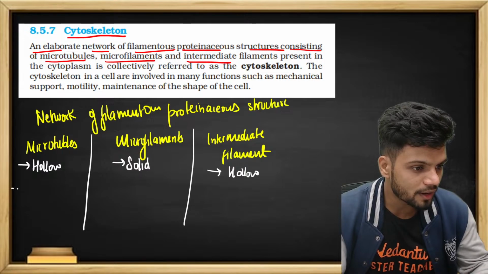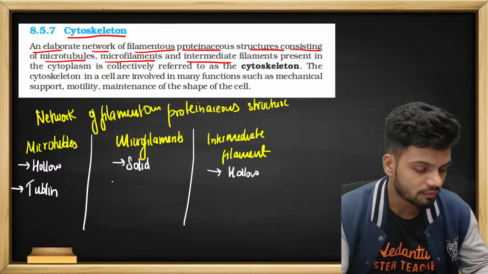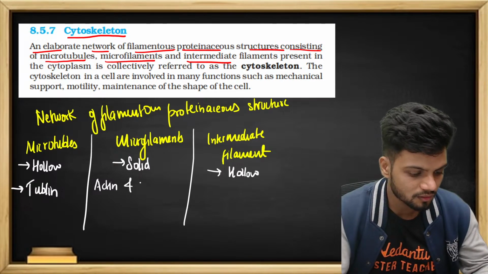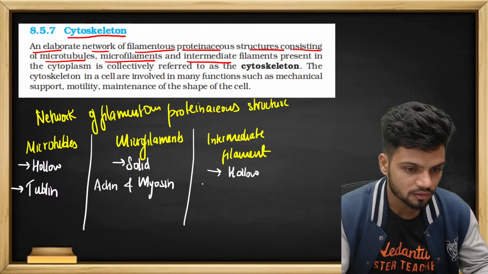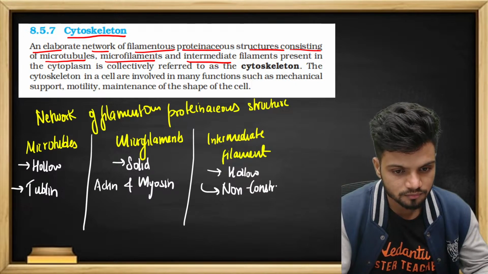Your microtubules are made up of tubulin protein, while your microfilaments are made up of actin and myosin. They are made up of certain non-contractile protein.